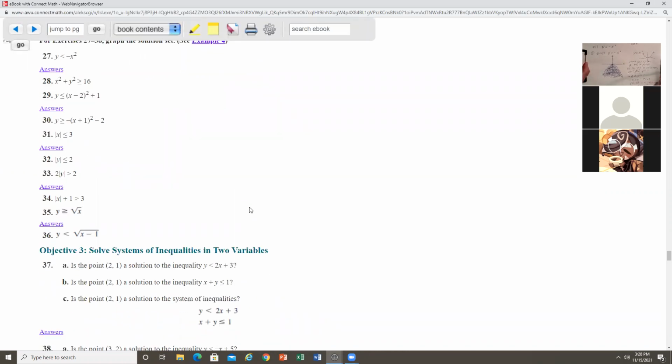They want us to graph the solution set of this inequality. Do you recognize what the equation is going to be? Number 28.